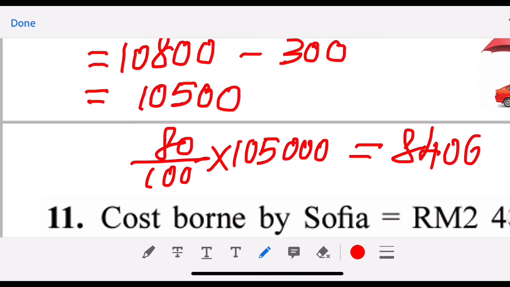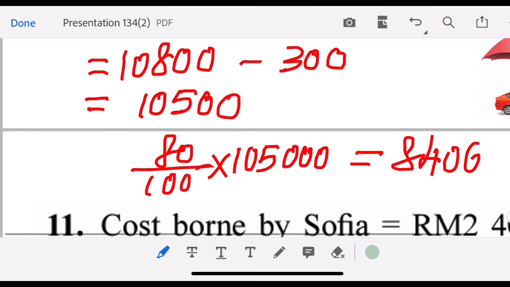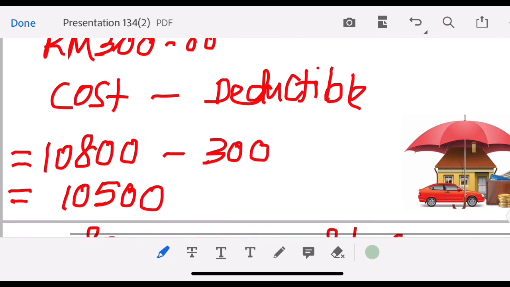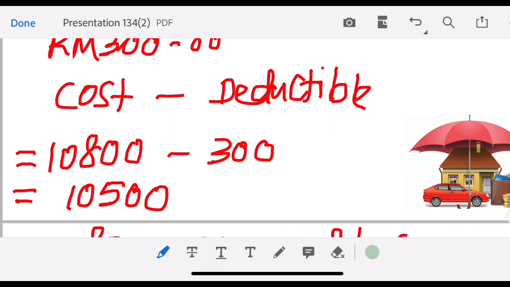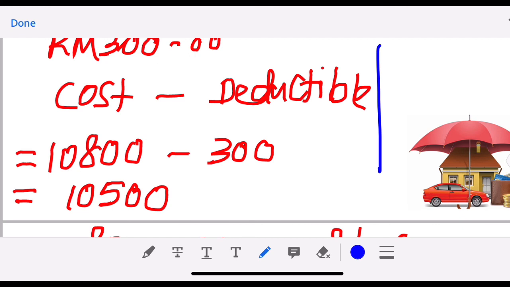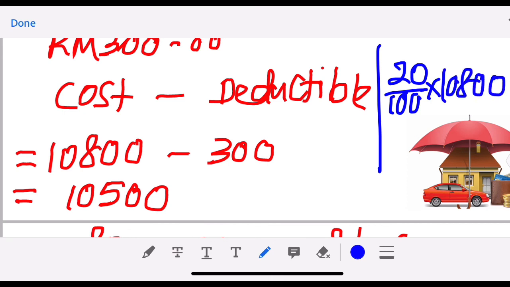So overall, if we calculate the co-insurance that Sophia has to pay, it is just 20%. So we can do it another way. That means Sophia pays 20% of the cost, which is 10,800. Besides that, Sophia has to pay for the deductible cost, which is 300.